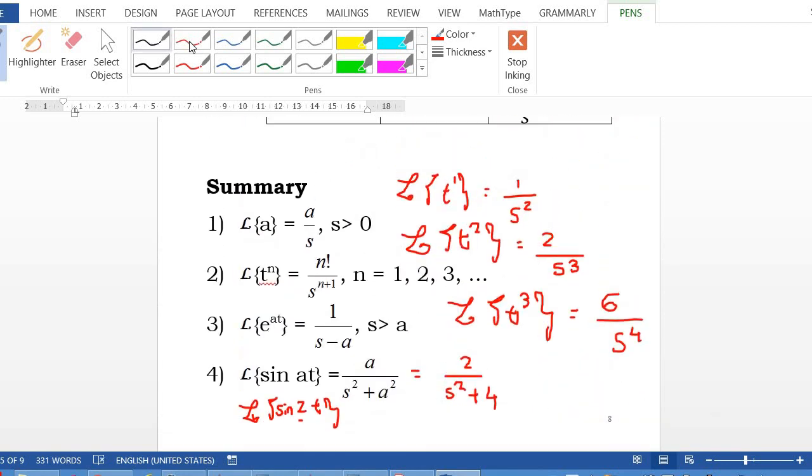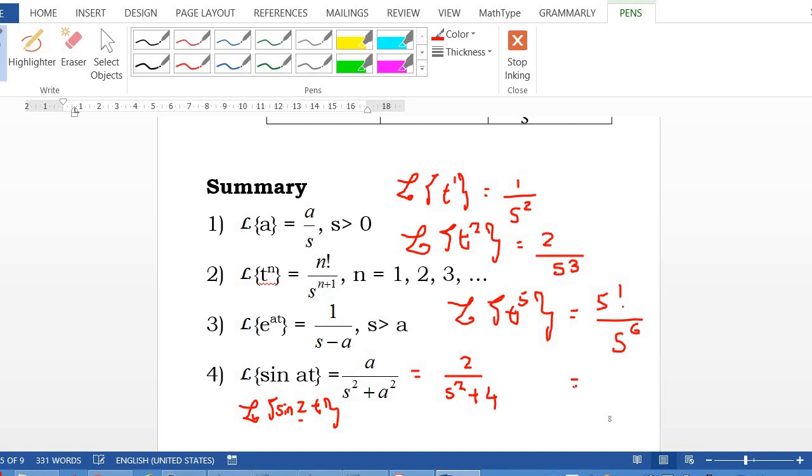Okay, then let's say if you want the Laplace transform for t power 5. You have 5 factorial over s to the power of 5 plus 1, which is 6.